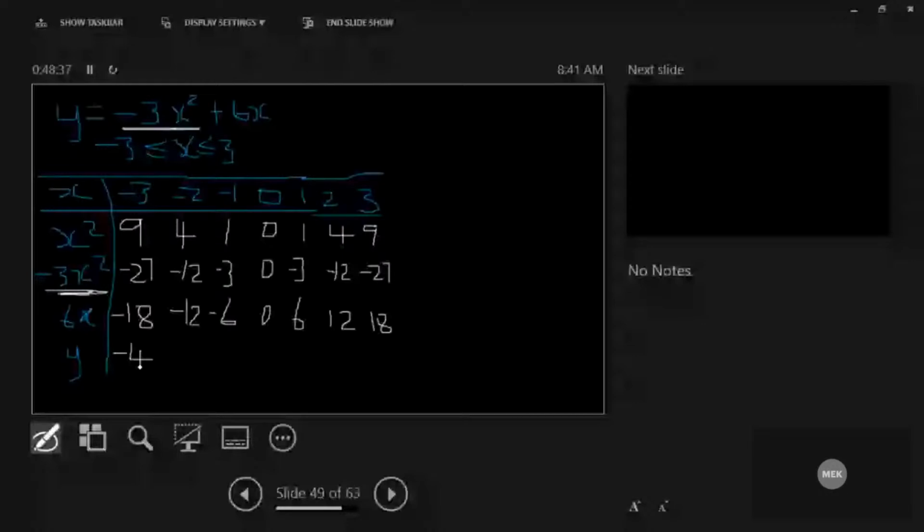And negative 12 minus 12 is negative 24. Negative 3 minus 6 is negative 9. Negative 3 plus 6 is 3. Negative 12 plus 12 is 0. And negative 27 plus 18, that's negative 9.